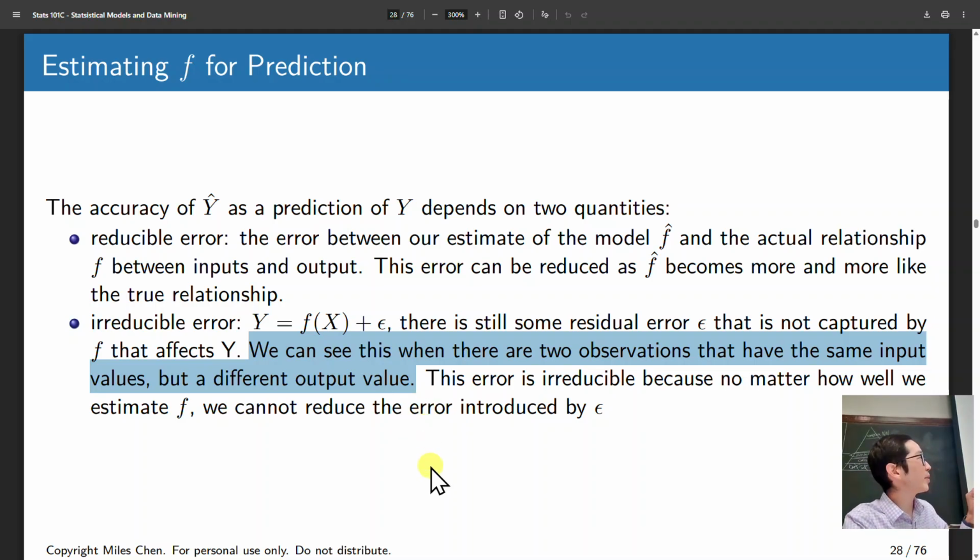This is represented by the fact that you might have two observations where all of the inputs are exactly the same, but the actual value of the response is different. It's like you repeat the experiment with the same conditions. You try to control all of your conditions as much as possible, and yet you're getting different results. They might be similar, but you're going to get slightly different results. And that's going to be the irreducible error.